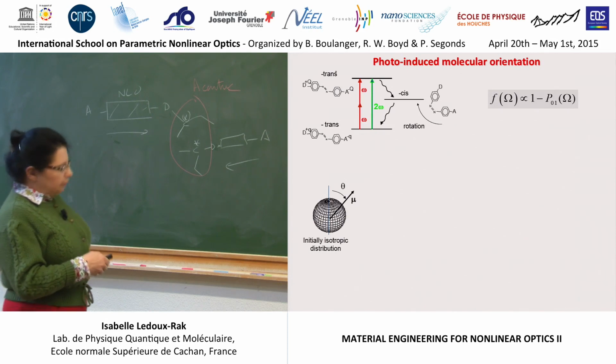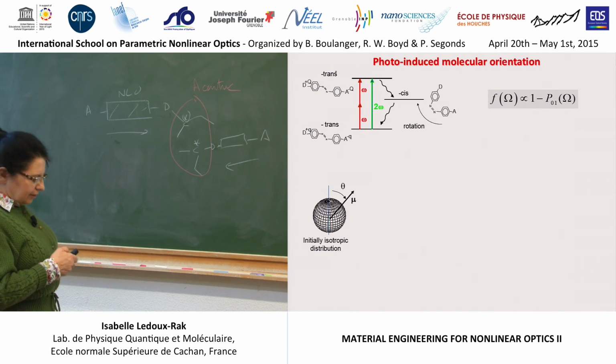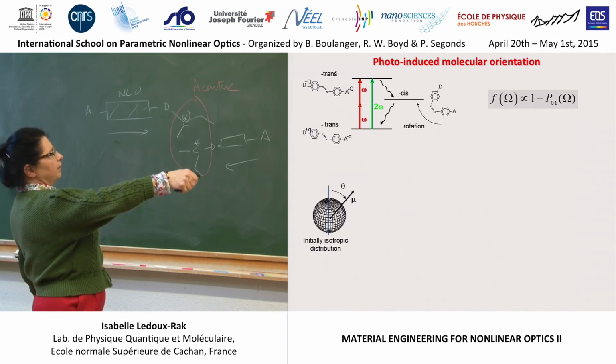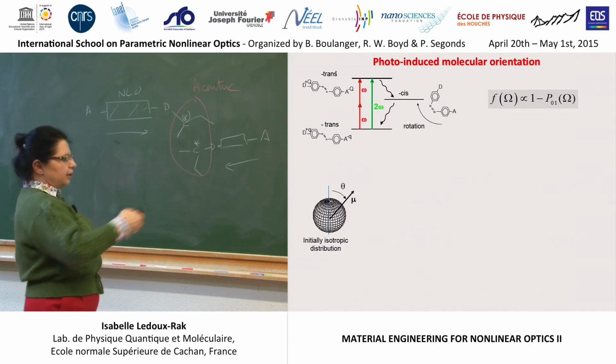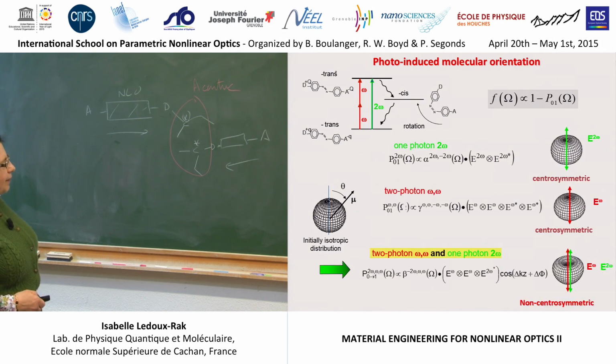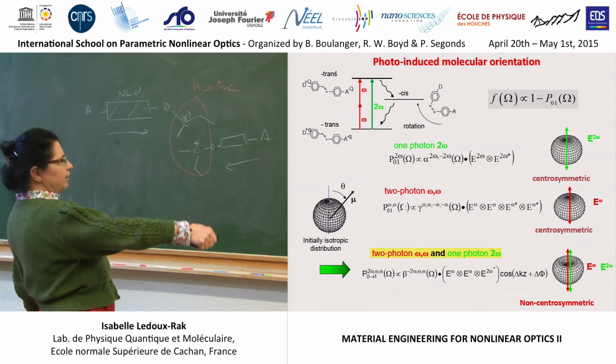So that's only to repeat, because it's a relatively complicated process, it's better to have different views, but it's the same. But here you can see how this rotation of molecules will be really fully involved in the process. 1 photon, 2 photon, and simultaneous 1 and 2 photon. And you can see this tensor.